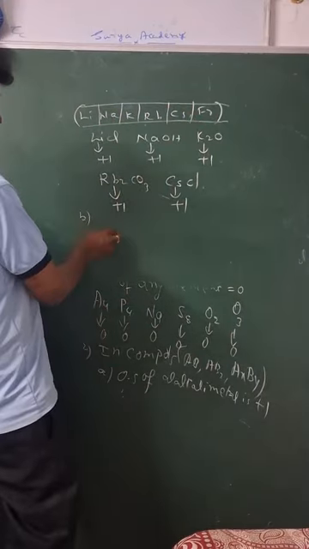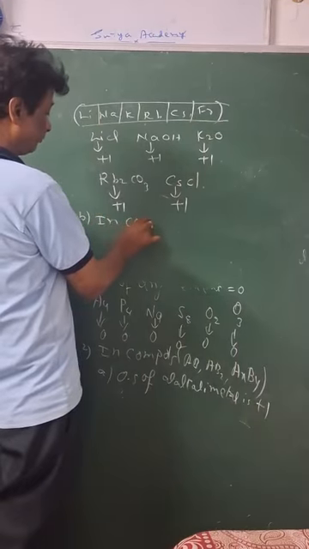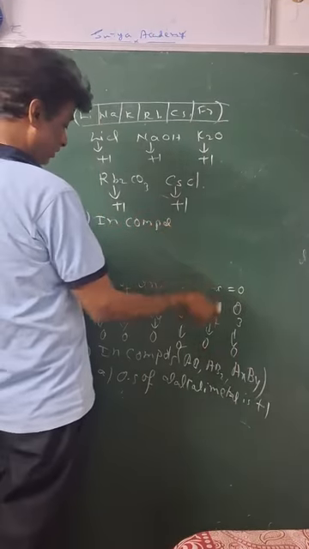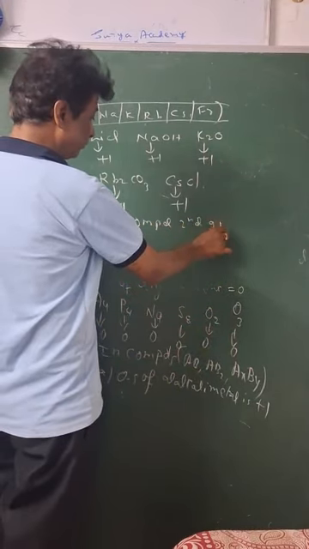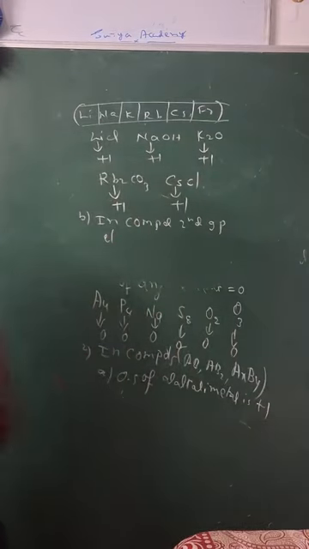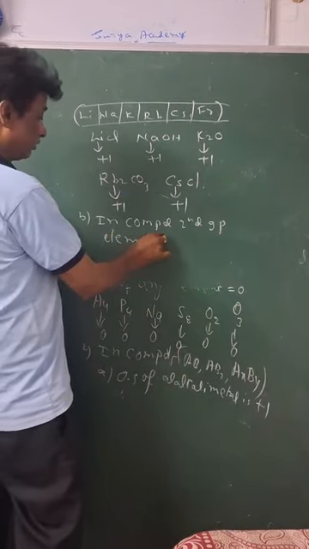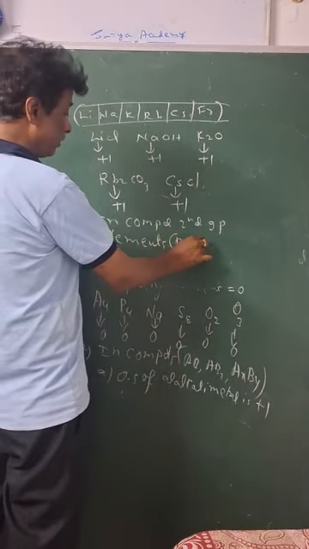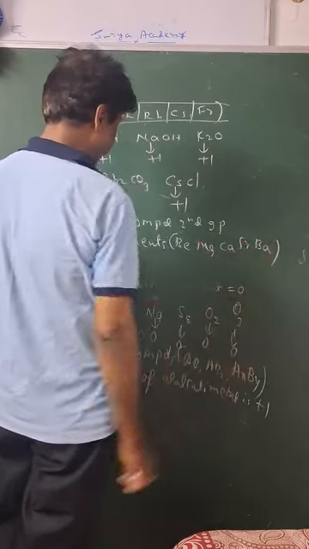Next, B. In compounds, second group elements. How many groups are there? 18 groups. What are second group elements? Beryllium, magnesium, calcium, strontium, barium.